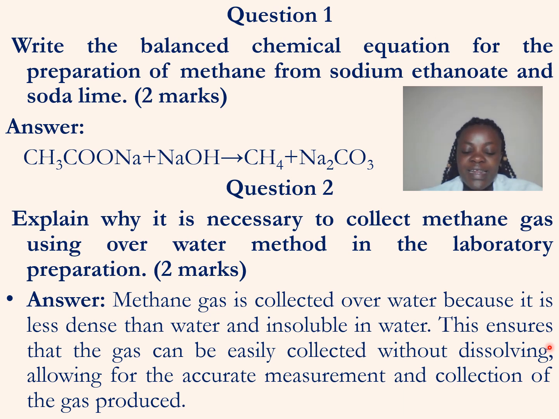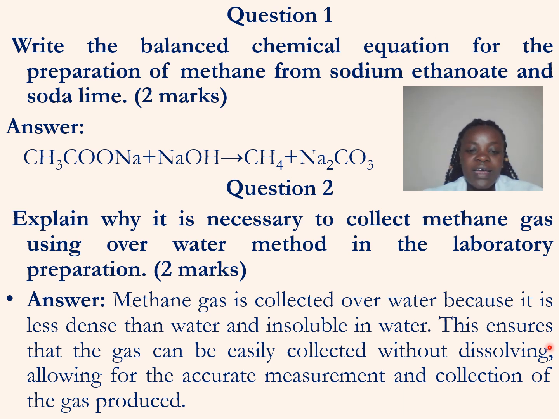One, it is less dense than water and it is insoluble in water. This ensures that this gas can be easily collected without dissolving, therefore allowing for the accurate measurement and collection of the gas produced. So if you are told just to state the reasons, just say it is less dense than water and it is insoluble in water.